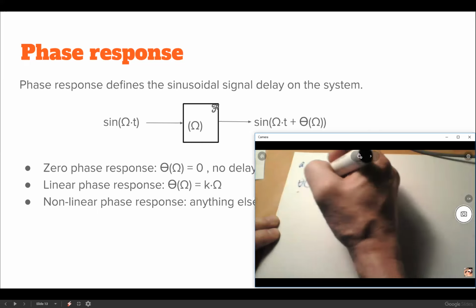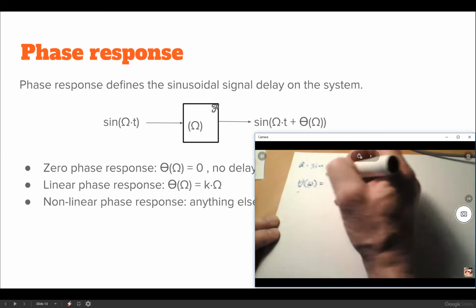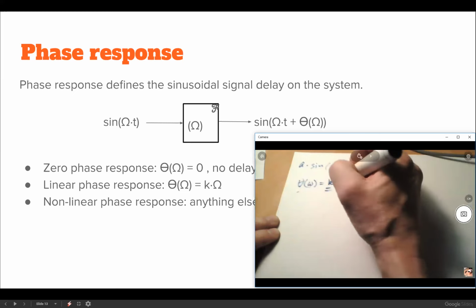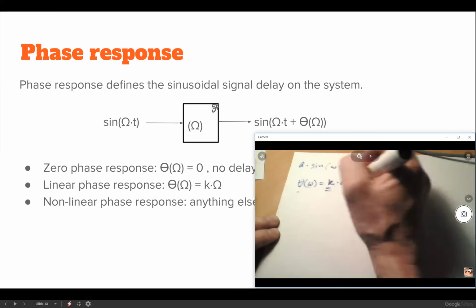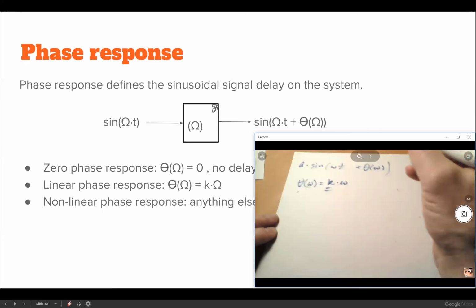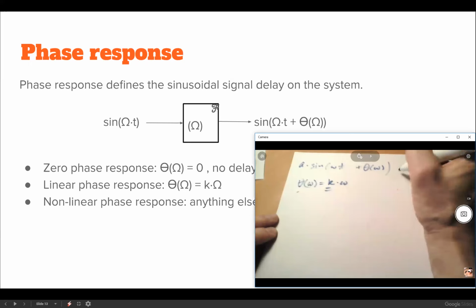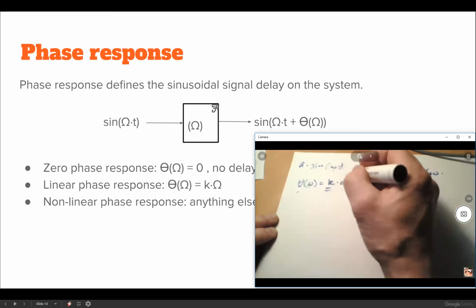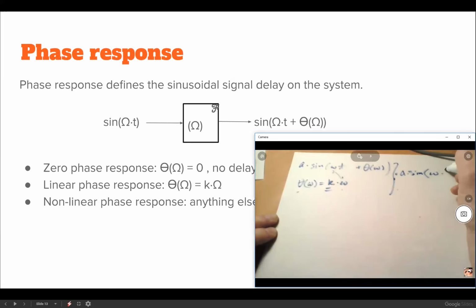If the phase response is linear, meaning a constant k times omega, a straight line, it means that combining these, you have a times sine of omega times, omegas are the common multipliers, k plus t, meaning that this is also a constant time delay.